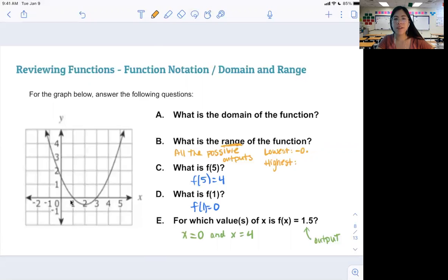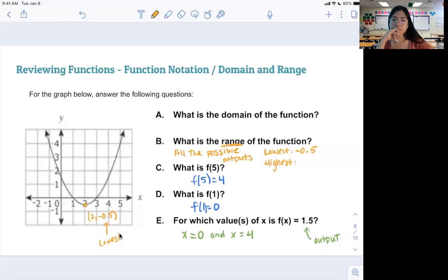I don't know, I think 0.8 would be even closer, even further down. Yeah, negative 0.5 is a good guess. So the lowest that this goes is, well, this is 2 comma negative 0.5. That's the lowest. Now, what's the highest that this graph goes?